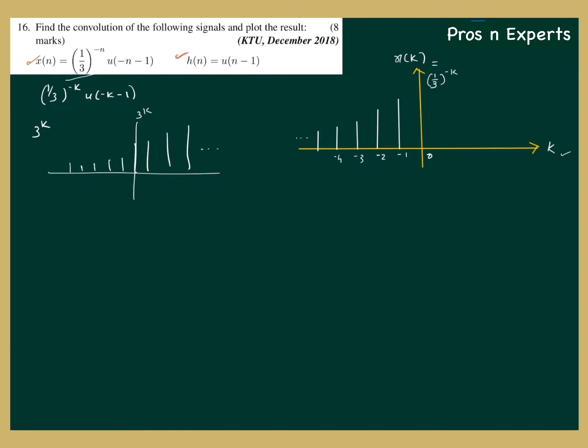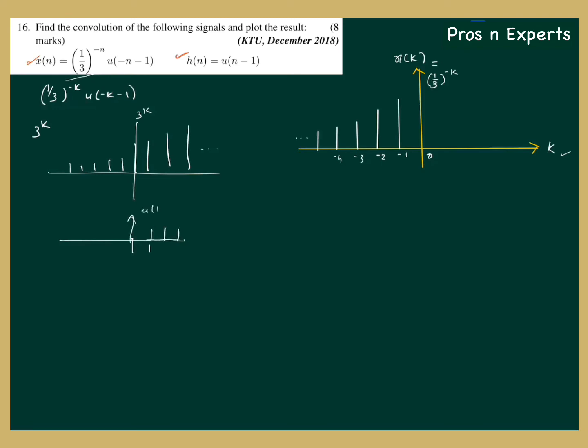And this is multiplied by u of minus k minus 1. What is u of minus k minus 1? U of k is this signal, the usual step signal. U of k minus 1 means we are shifting the signal 1 unit. So the signal will start from 1.